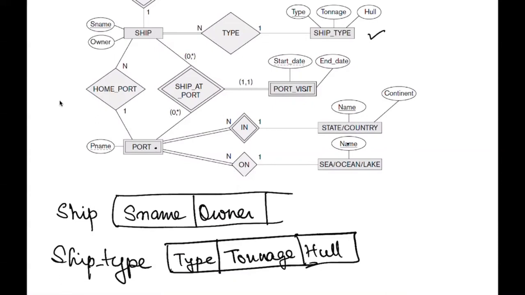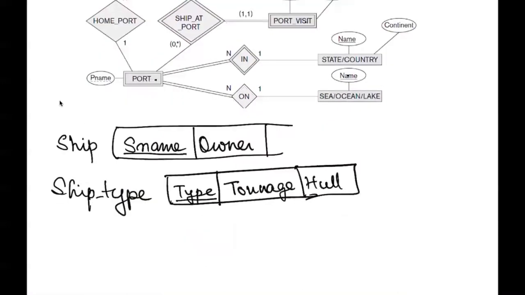Something I forgot to mention earlier is that in the ship relation, the primary key was S name. So in the relation also, primary key will be S name. Similarly, for ship type, the primary key was type. So here also we'll underline the primary key type. Now let us look at the next regular entity, which is state, country.